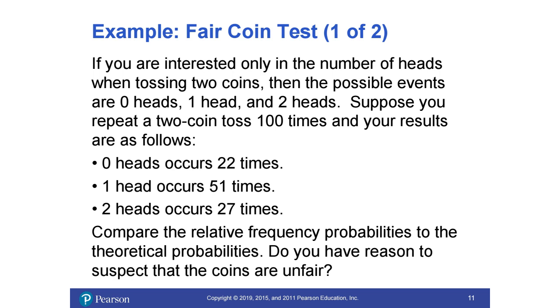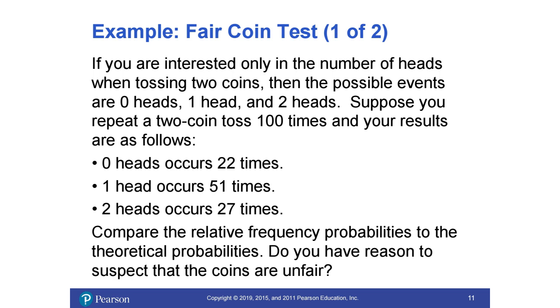So in this situation, suppose we're going to flip two coins and we're only interested in the number of heads, okay? So as we've said before, that means the possible events are 0 heads, 1 head, and 2 heads. So now suppose you repeat the two coin toss experiment 100 times. That is, you're going to take a quarter and a dime, flip them together 100 times, and keep track of how many heads you get every time.